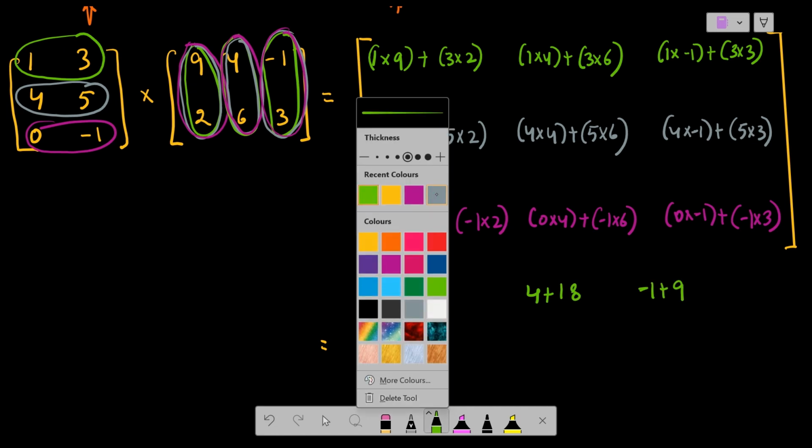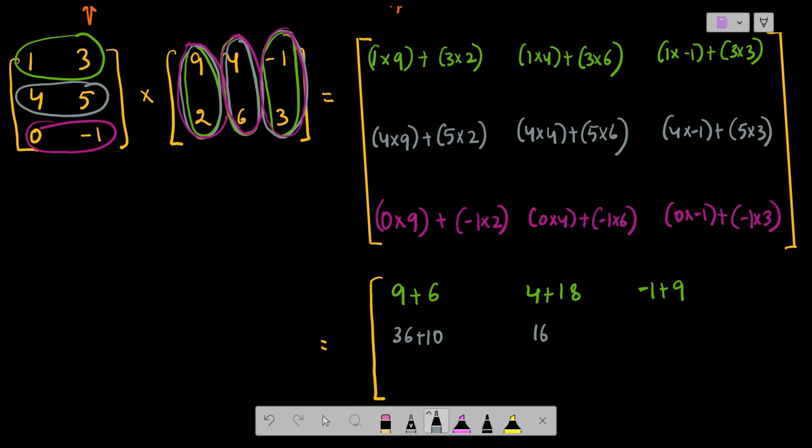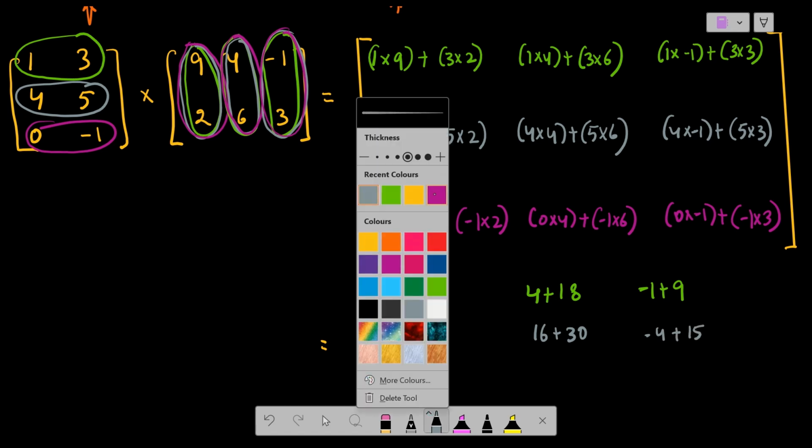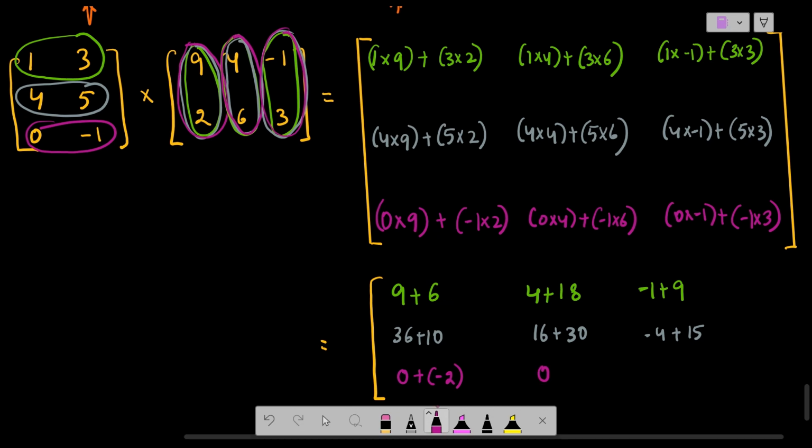And next, so 9 fours are 36 plus 10, 16 plus 30, minus 4 plus 15. Okay. And next here we have 0 plus minus 2, 0 plus minus 6 and 0 plus minus 3. Okay.